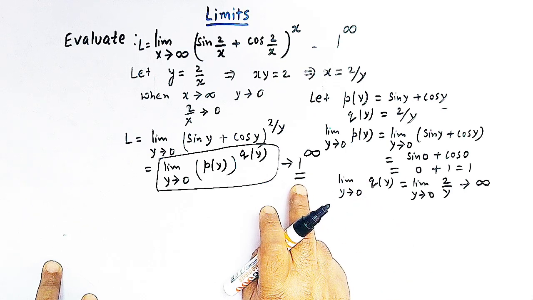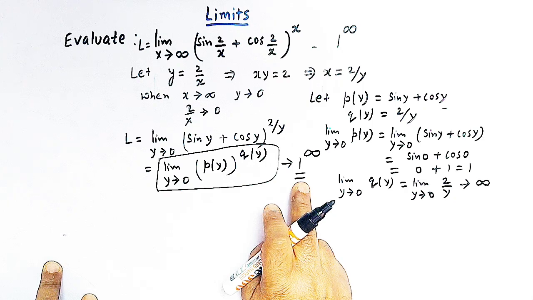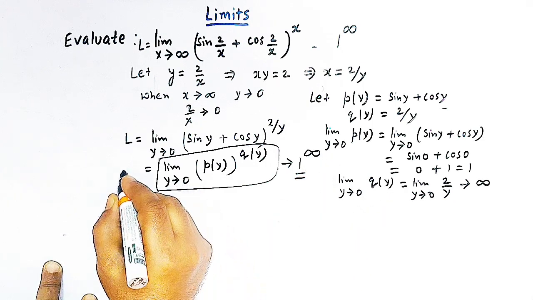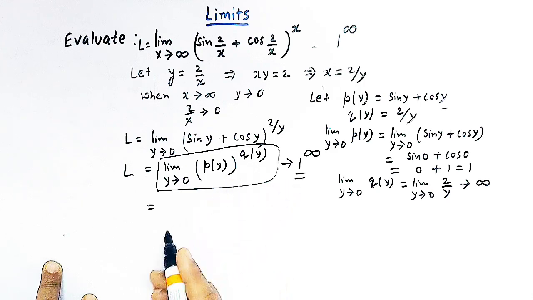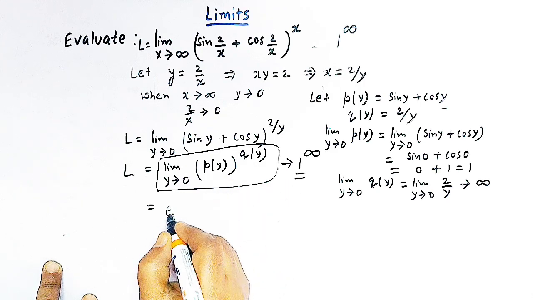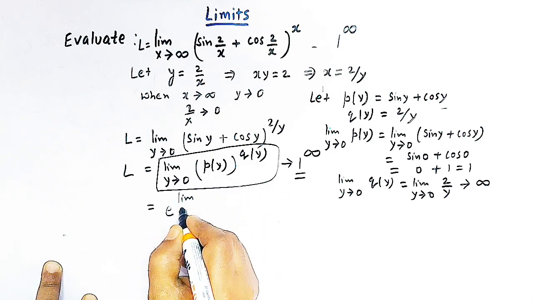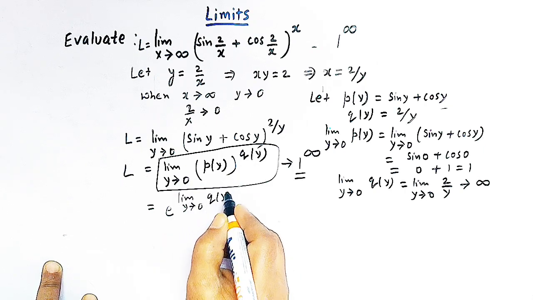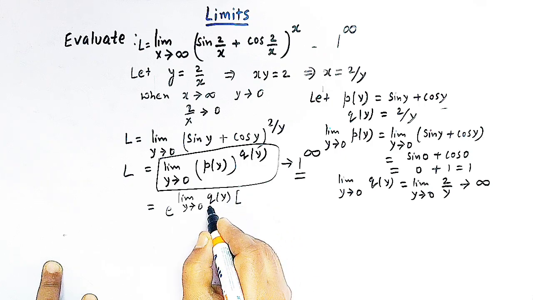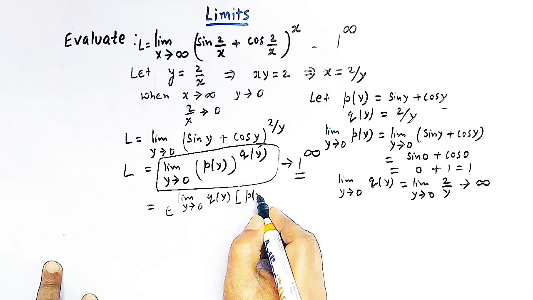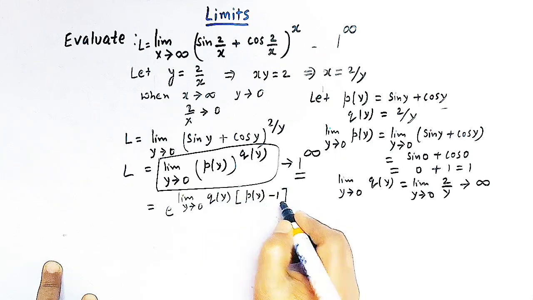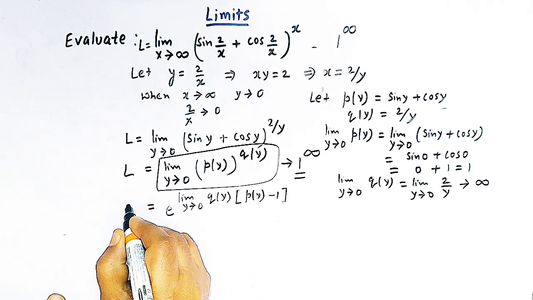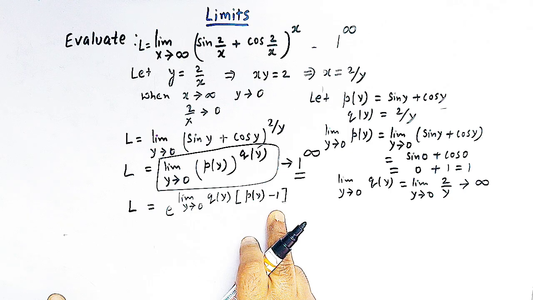Whenever we have this type of form, 1 raised to infinity, then the value of these types of limits can be directly written as e raised to limit y tends to 0 of q(y) multiplied by p(y) minus 1. So here we have the direct result, right?